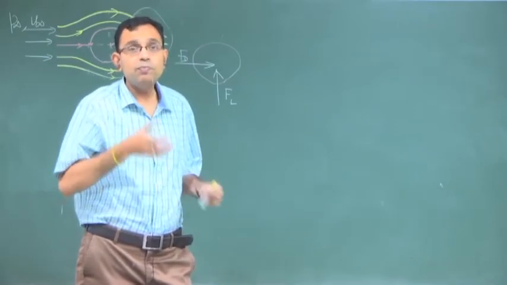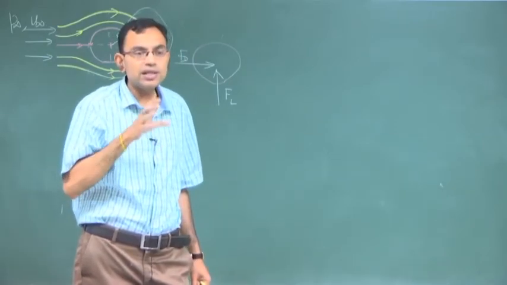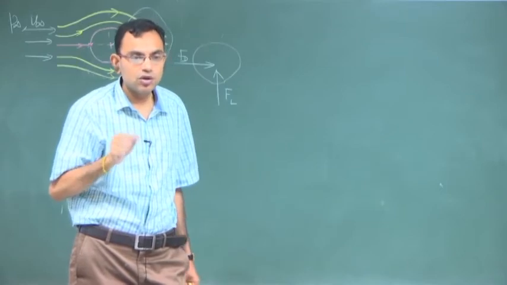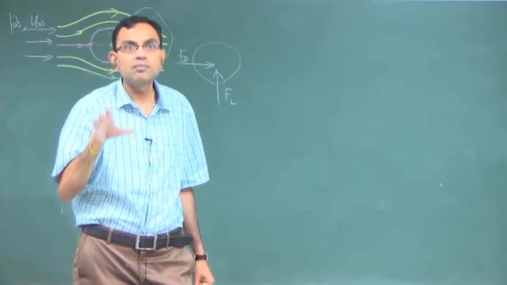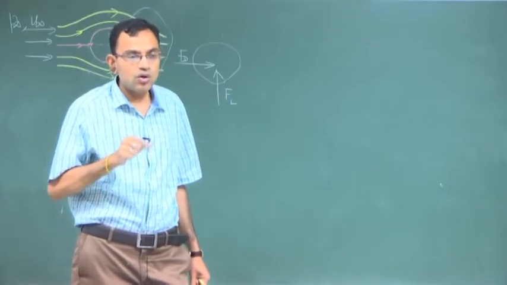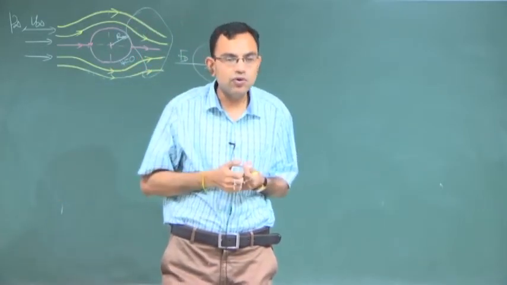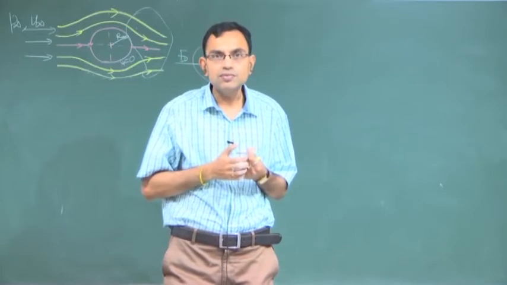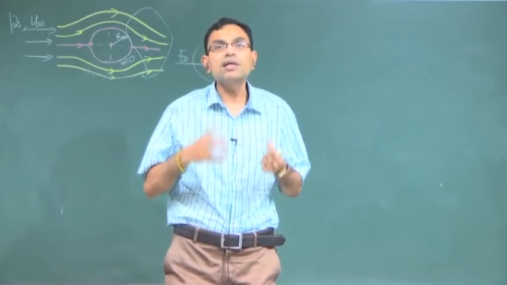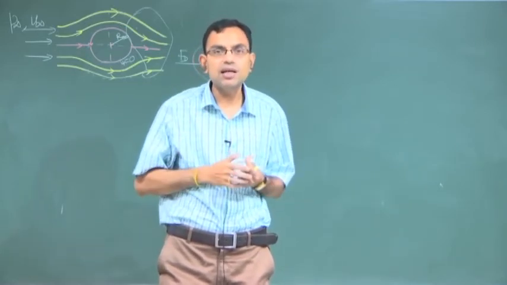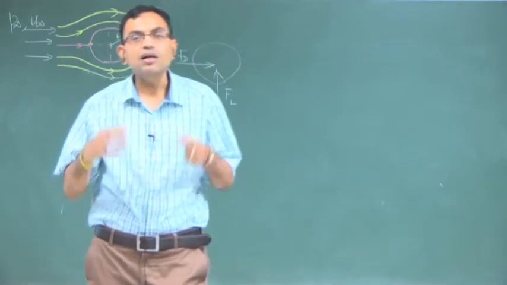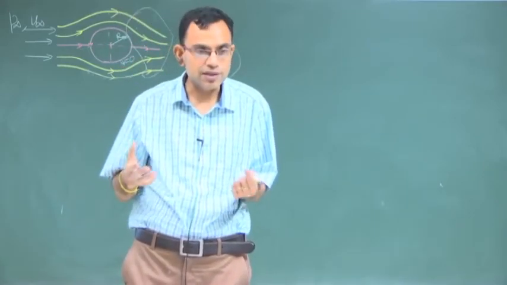But if you bring in a rotation, rotation can break the symmetry, not for the drag force but for the lift force. Rotation in the paradigm of a potential flow is what type of vortex? We have discussed this in kinematics. This is an irrotational vortex or a free vortex.